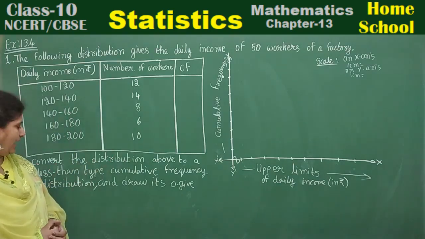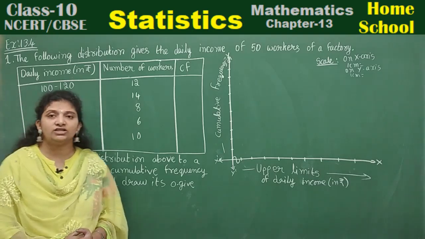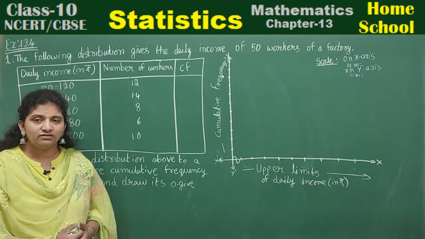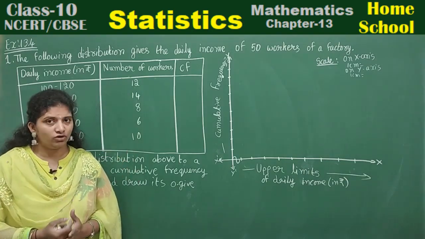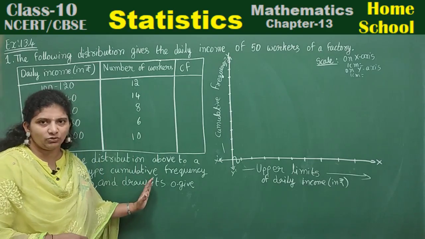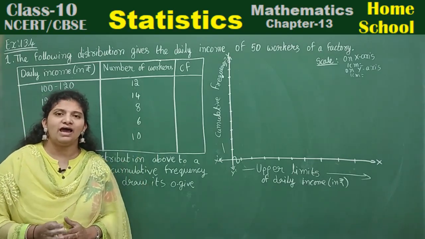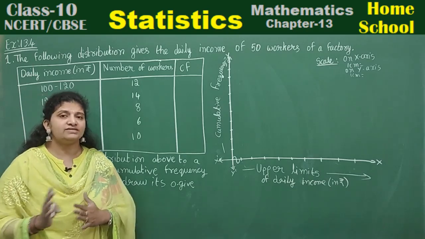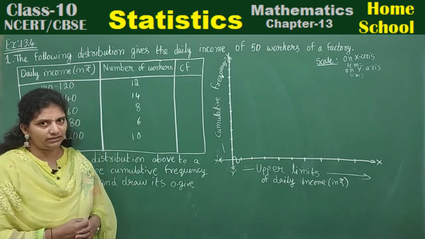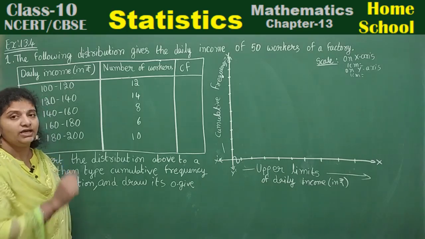Convert the distribution above to a less than type cumulative frequency distribution. Do you remember, in our introduction class we solved some problems about this. If you want to see once again, go to part 1 of statistics, and before starting this session, observe ogives, less than ogive and more than ogive once again. Then continue.